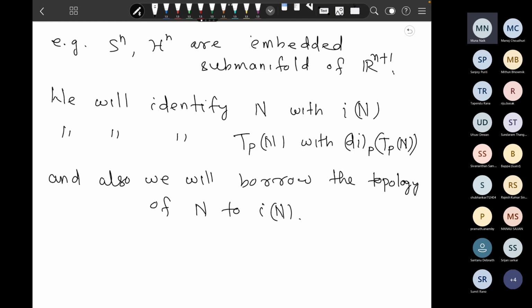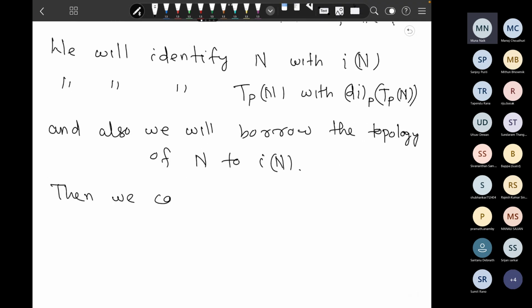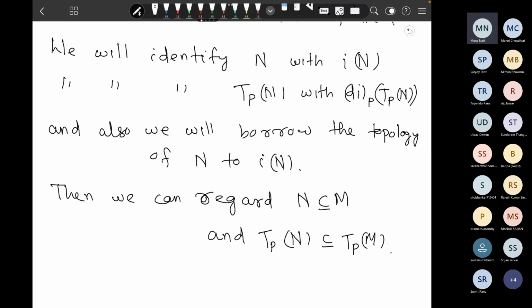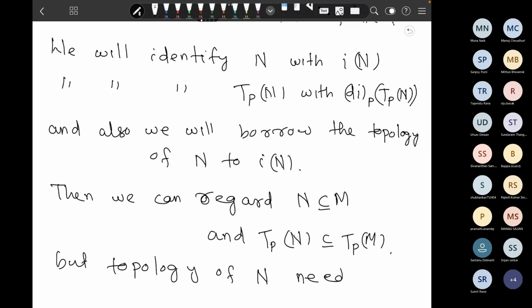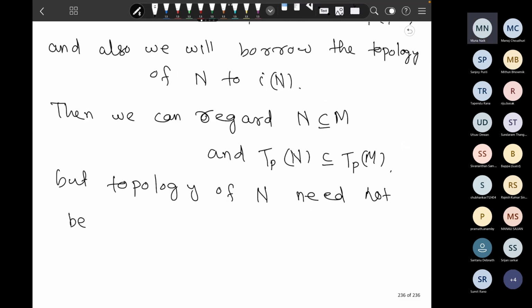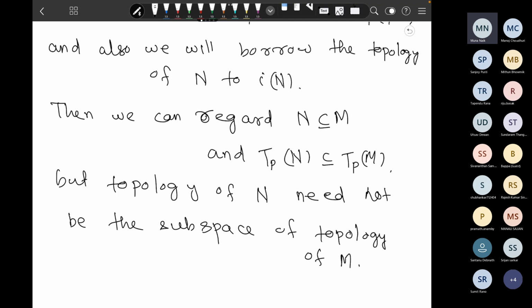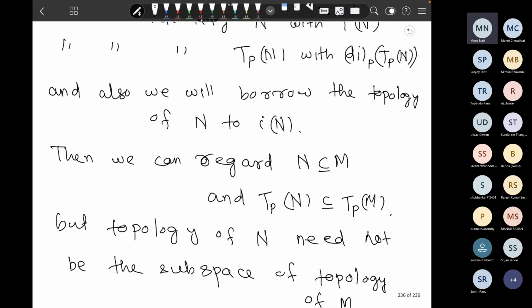If I do that, then we can regard N as a subset of M and T_P N as a subset of T_P M. But there is a problem: the topology of N need not be the subspace topology of M, because I am just borrowing the topology from N to I(N).